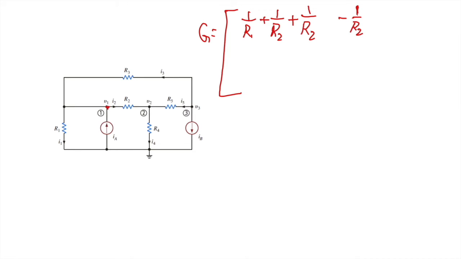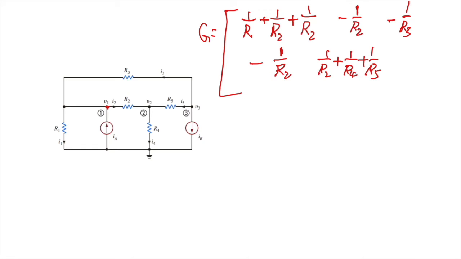And between node 1 and node 3, there's resistor R3, so that is negative 1 over R3. And according to the symmetry, we can determine the element G21. And how about G22? For G22, we have R2, R5, and R4 connected with node 2, so we can obtain G22.